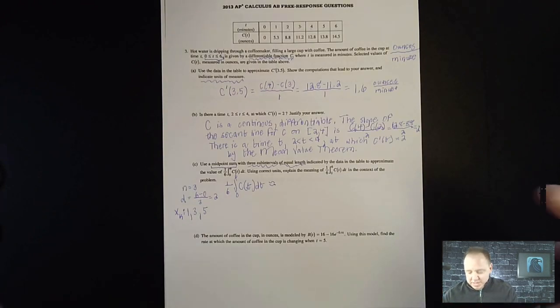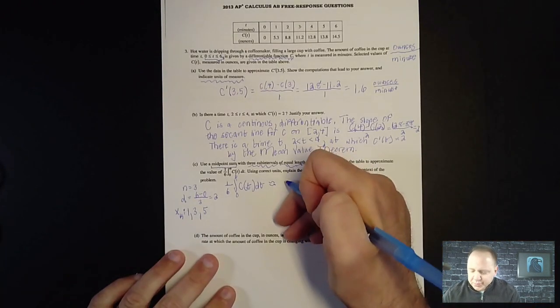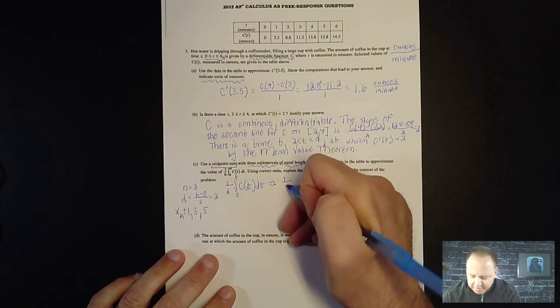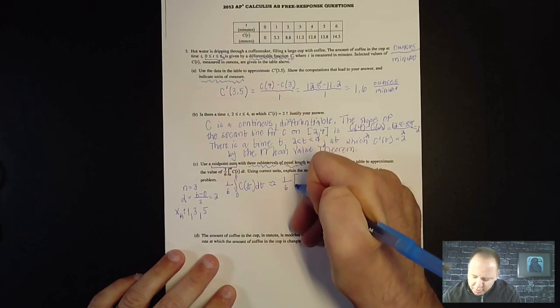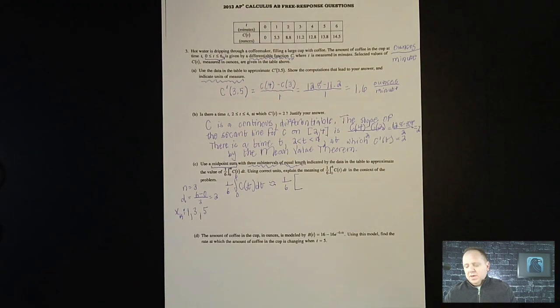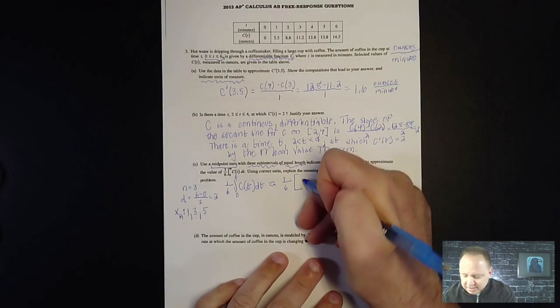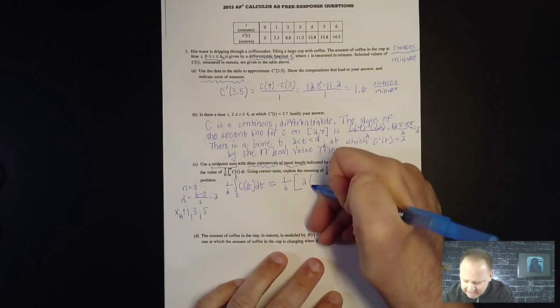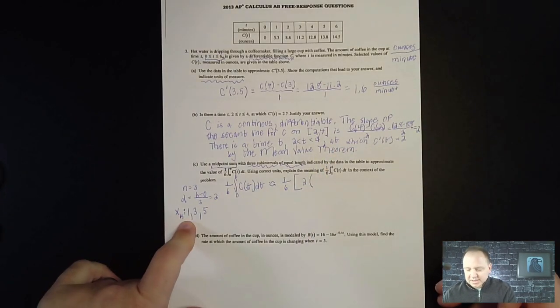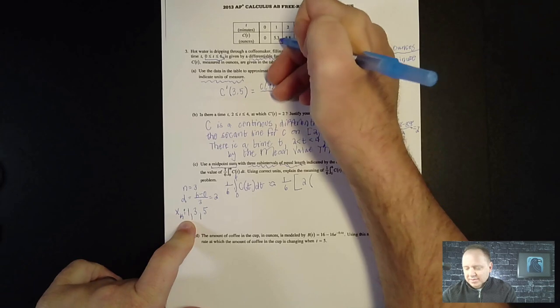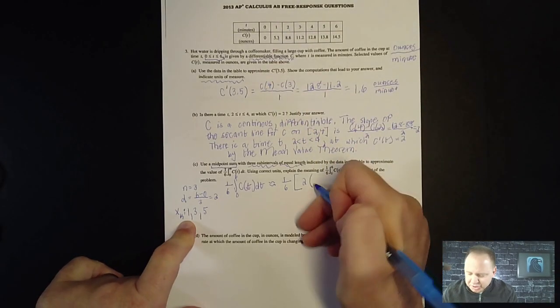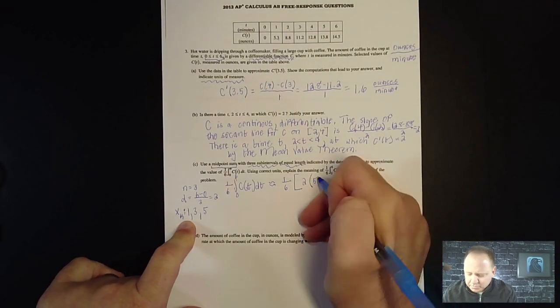All right, now let's be careful. So the 1/6 has to come. I would put a bracket for my midpoint Riemann sum. Now remember, don't forget, it's always delta x times c of 1. I'm not even going to write that. C of 1 is 5.3. I'm just showing them how I'm getting it.